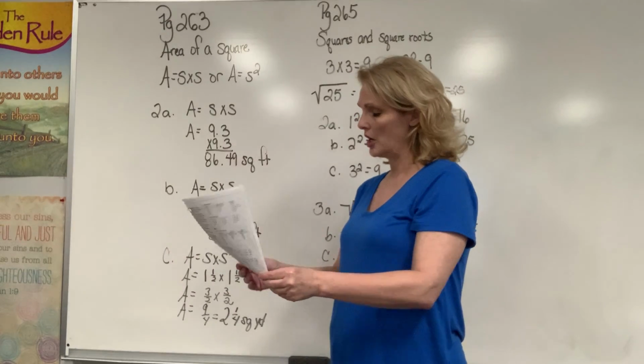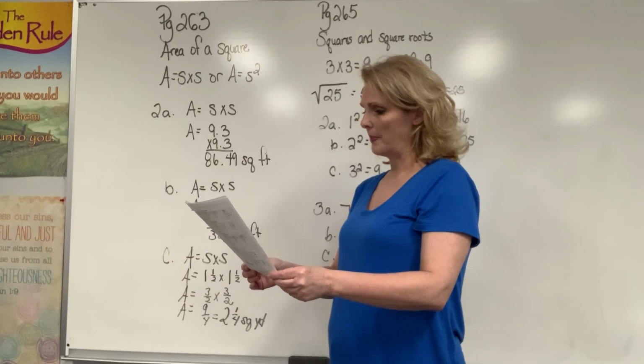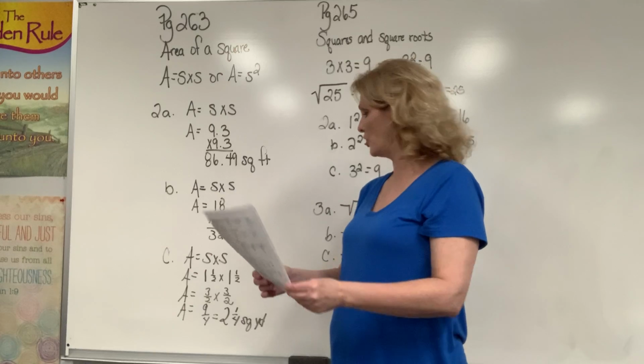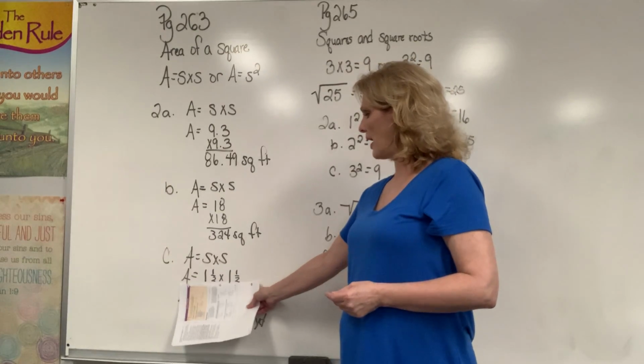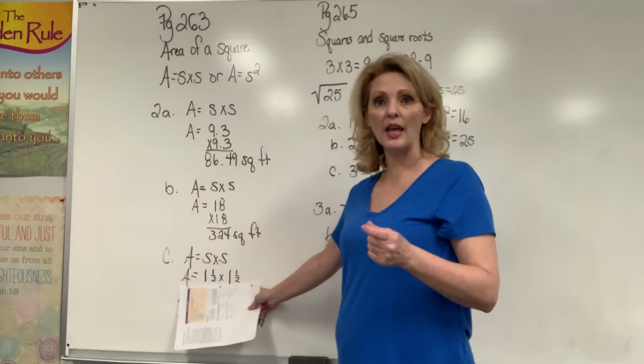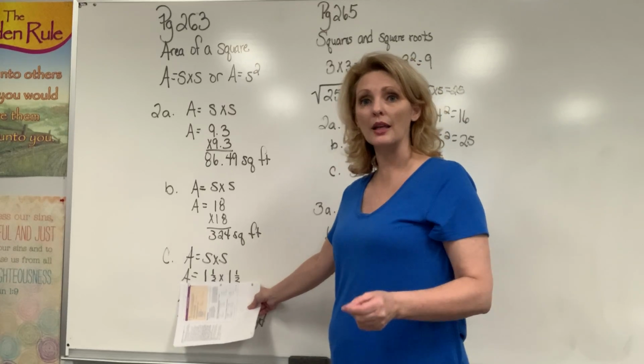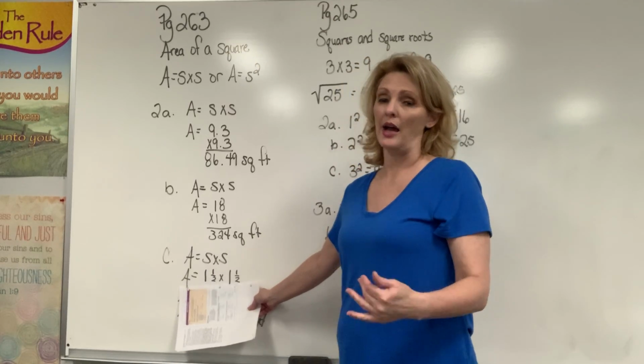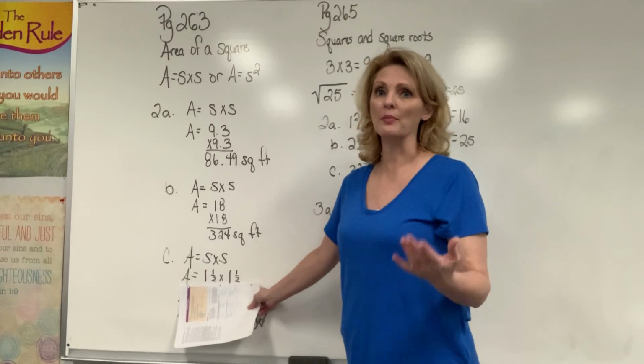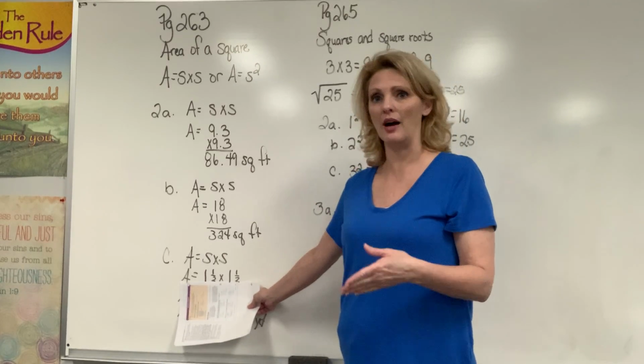C, your formula, area equals s times s. On this one, you have 1 1/2 yards. When you have a mixed number, you need to make it into an improper fraction. How do we do that? We multiply the bottom and we add the top.